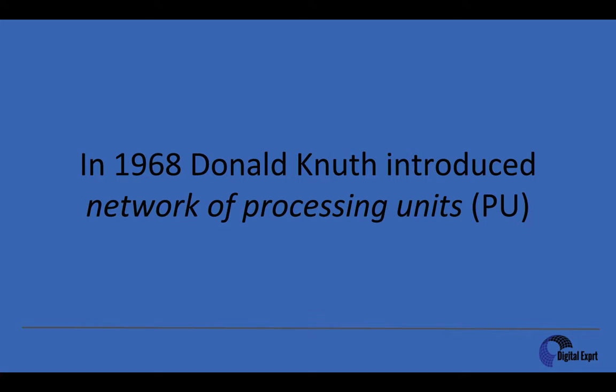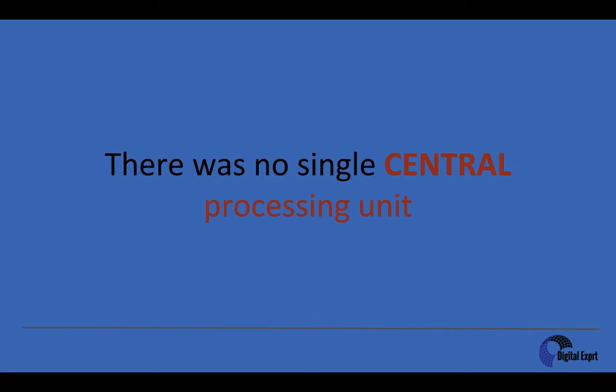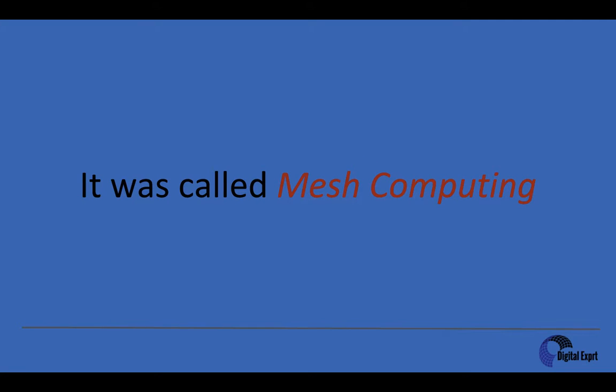The difference is that in Donald Knuth's model, there was no single central processing unit, while today we have a CPU. Back then, this system was called mesh computing. And you can look it up, it's very interesting. I won't go into the details, but you can find very enlightening and elucidating demonstrations of that mesh computing.